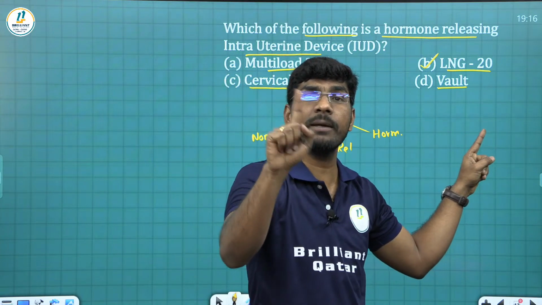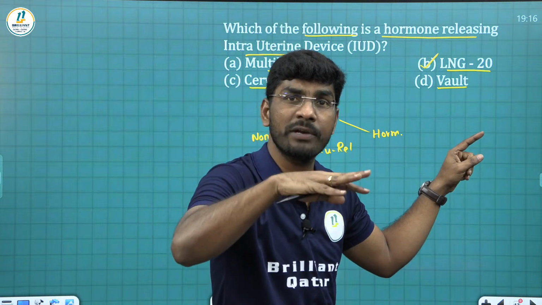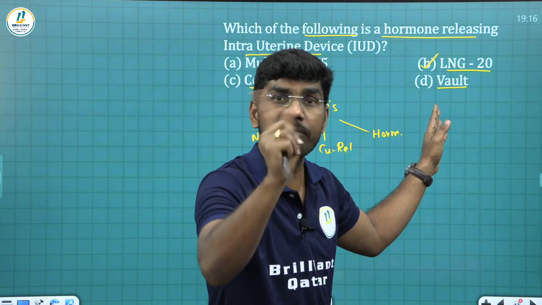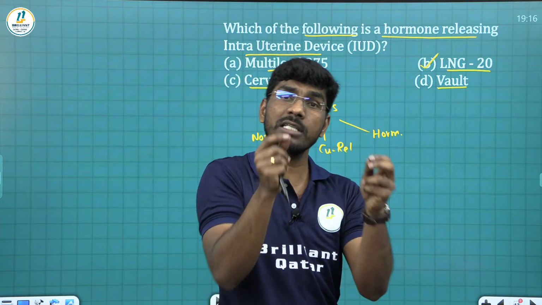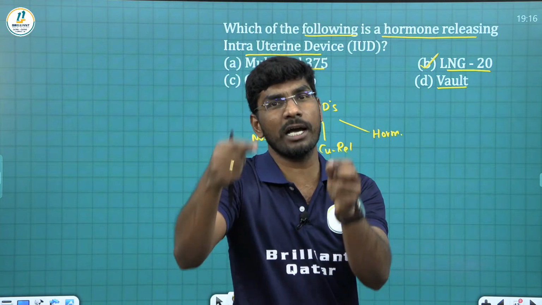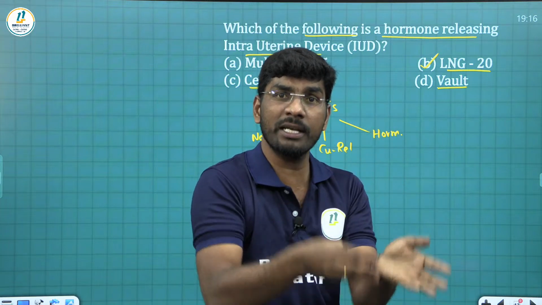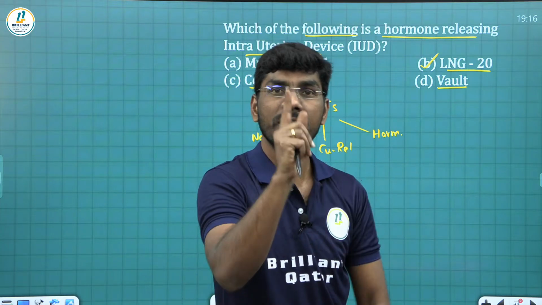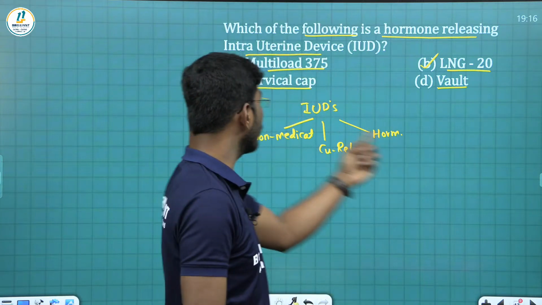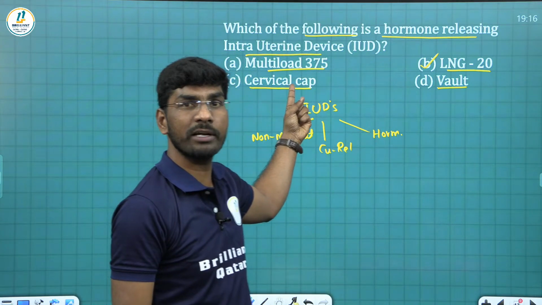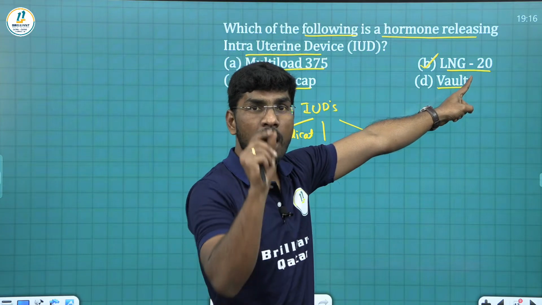No beta, STD. All these intrauterine devices, vaults and diaphragms, and what they call cervical caps, will not give protection from STD. Remember. So sometimes they give a question, which of the following contraceptives can prevent the pregnancy and also save from the STD? Physical barriers such as condoms. Remember, the cervical cap is also a physical barrier, but it will not give protection, beta. So answer is what? LNG20.